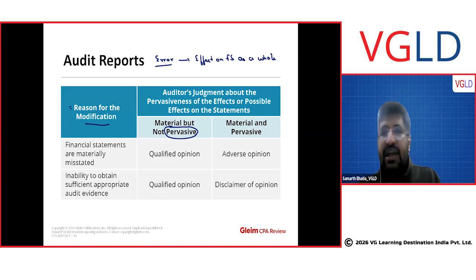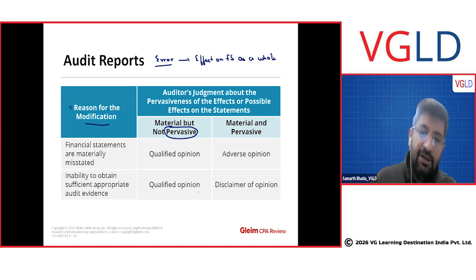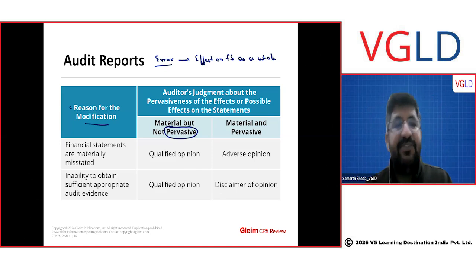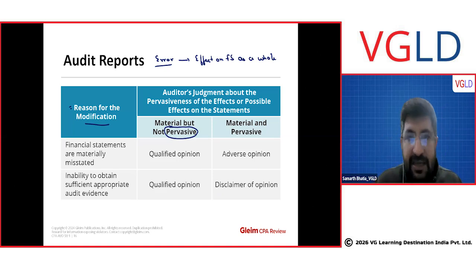In the same way, if an auditor is not able to obtain sufficient appropriate audit evidence, then if it has a material effect but not a pervasive effect, the auditor gives a qualified opinion. But if it has a pervasive effect, the auditor is saying that whatever information I'm not able to collect will affect my entire opinion. In that case, the auditor will give a disclaimer.